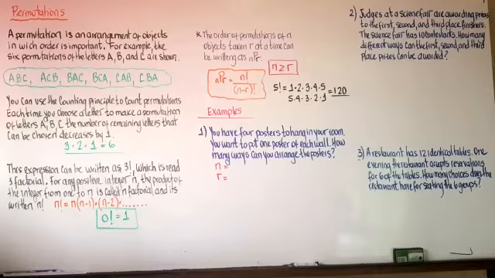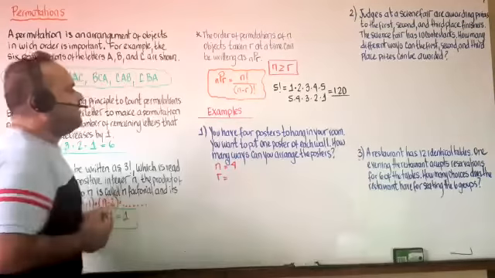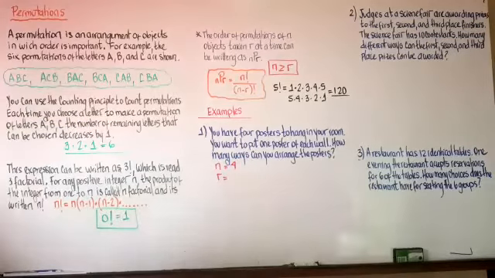So I have a question for you. According to the problem, how many posters are we supposed to have? 4 posters, right? So we're going to write n equals 4. And if we continue reading the problem, it says you have 4 posters to hang in your room.